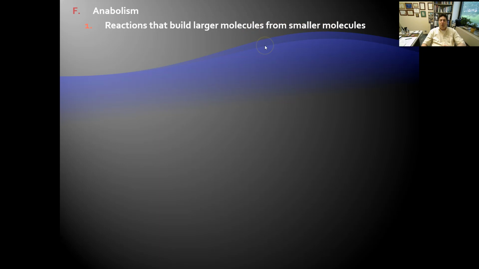So if we take a whole bunch of small molecules, which earlier we talked about are called monomers, and we hook them together to make something larger and more complex, we call that anabolism. Anabolism is going to use energy. We need energy to build that bigger molecule. And once we have a big molecule, that represents potential energy that can be used later if we break it down.